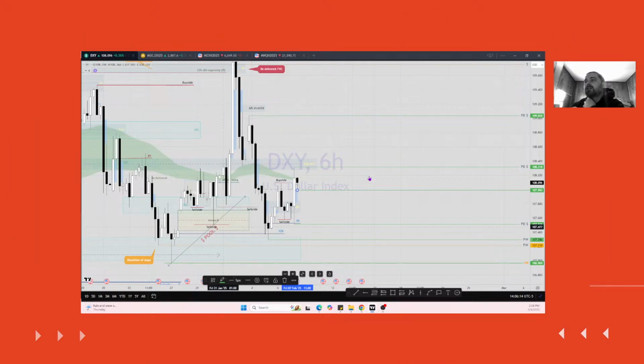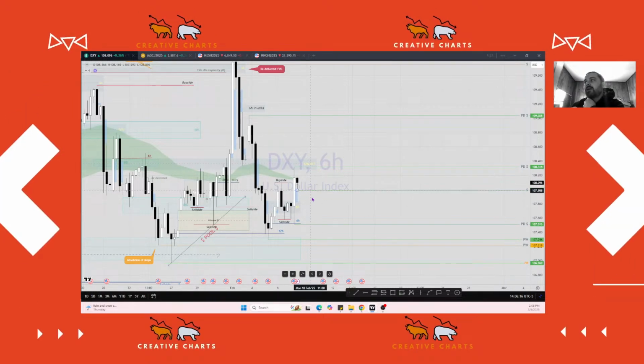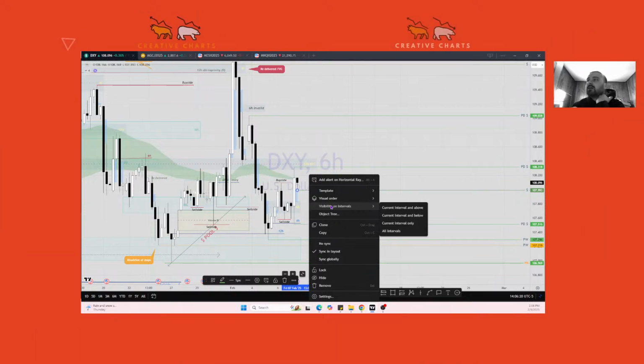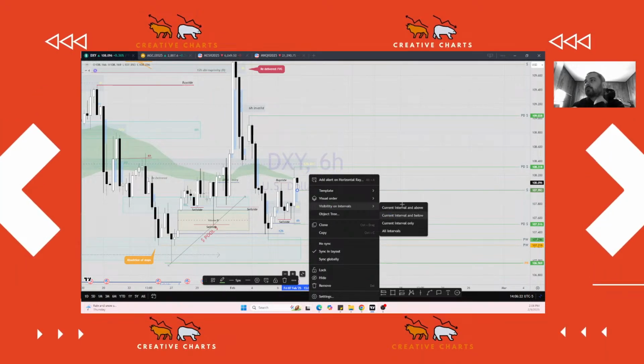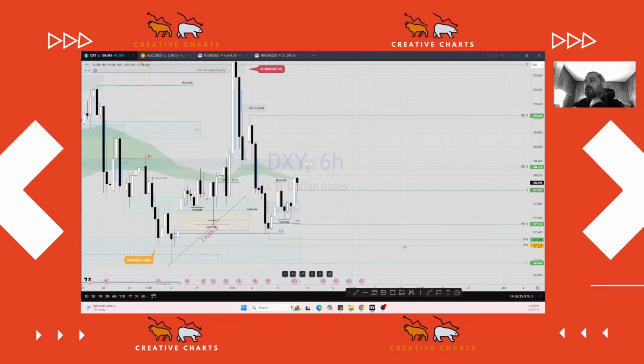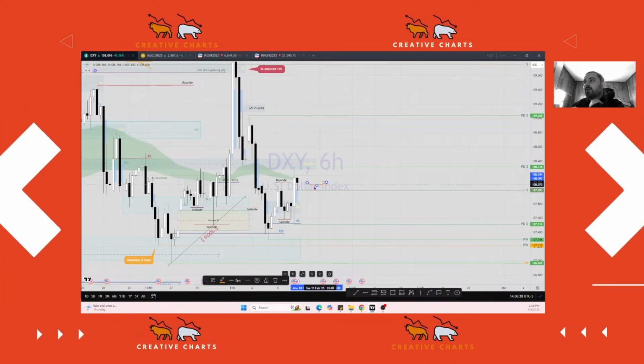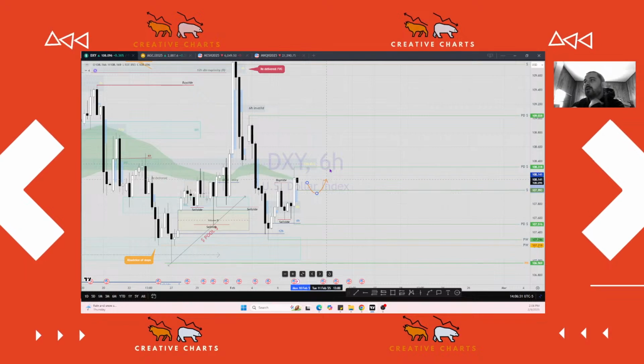If price wants to go higher, if price wants to come for that previous day high, right? I would want to see some type of liquidity absorbed. I would want to see it absorbed in order to push price higher.